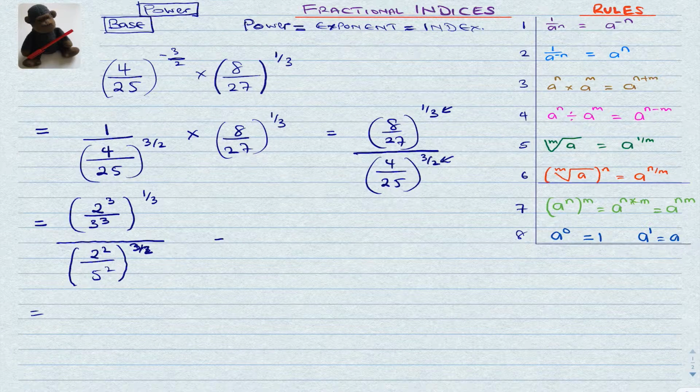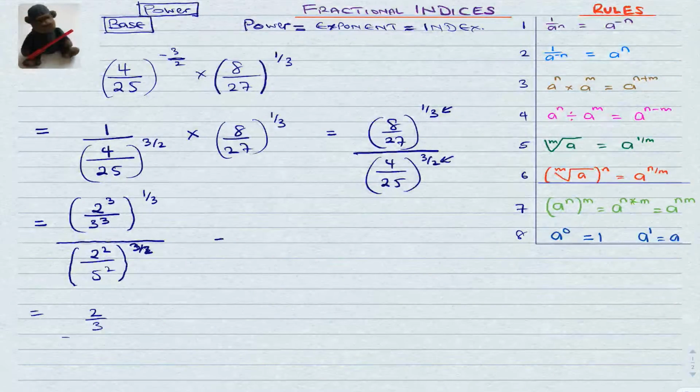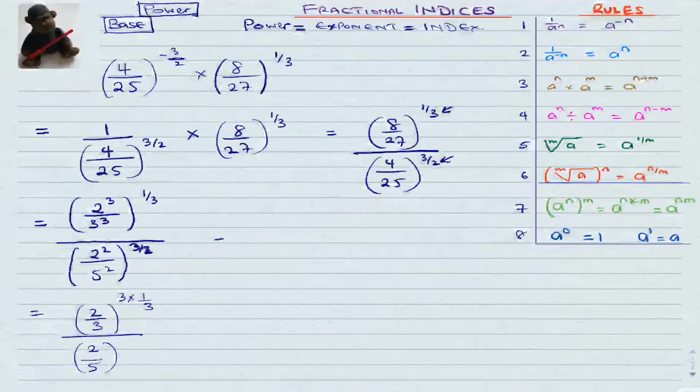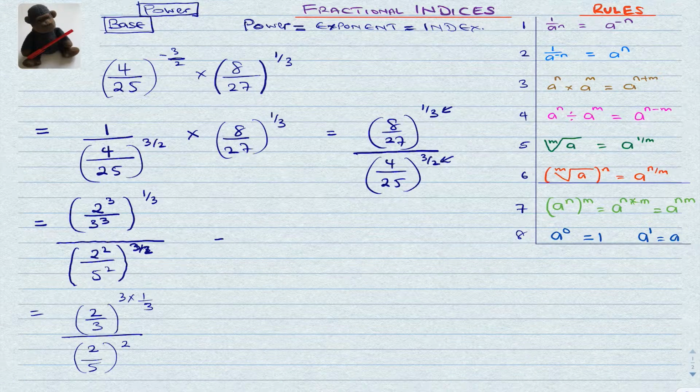We'll take the power 3 out of the bracket in the numerator and the power 2 out of the bracket in the denominator. So we're going to get 2 over 3 to the power 3 times 1/3, and 2 over 5 to the power 2 times 3 over 2, because it's common to both of them at the denominator.